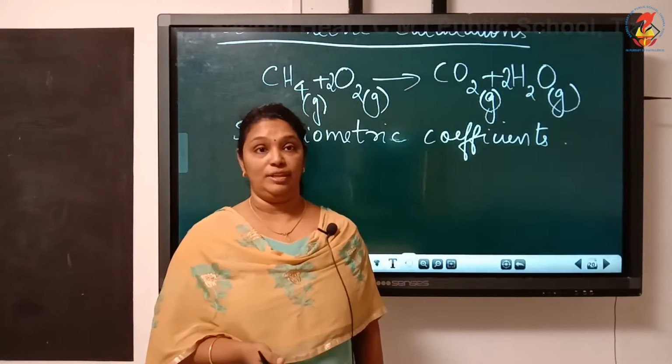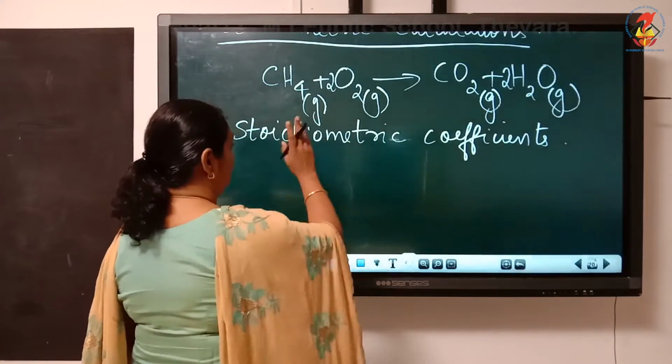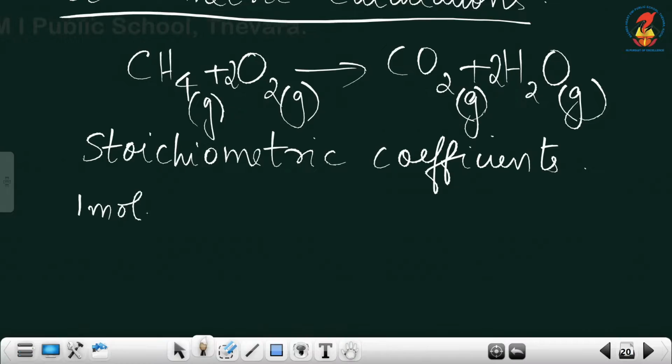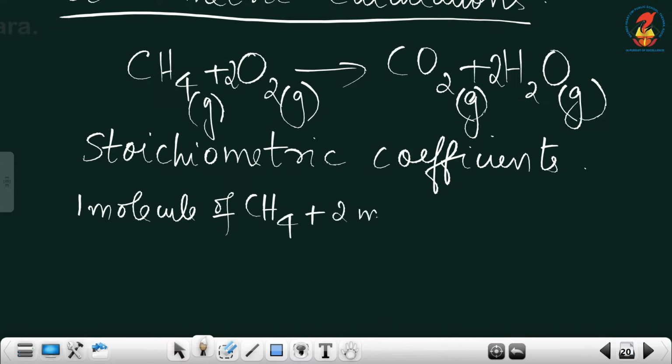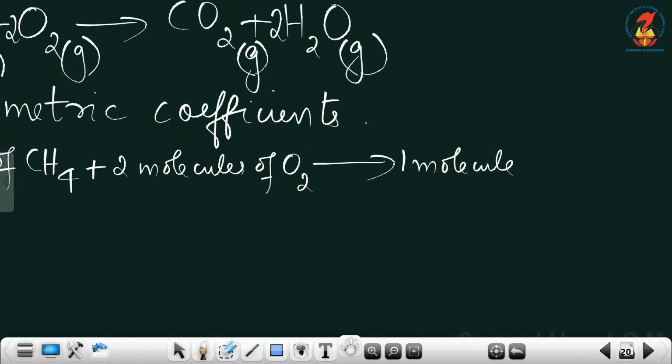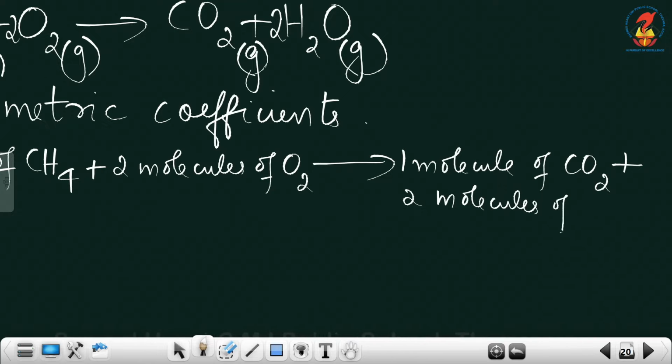participate in a chemical reaction. That is, if you look at this example, there is combustion of methane, we can say that 1 molecule of methane combined with 2 molecules of oxygen to give 1 molecule of carbon dioxide plus 2 molecules of water vapor, that is H2O, up arrow denotes steam.